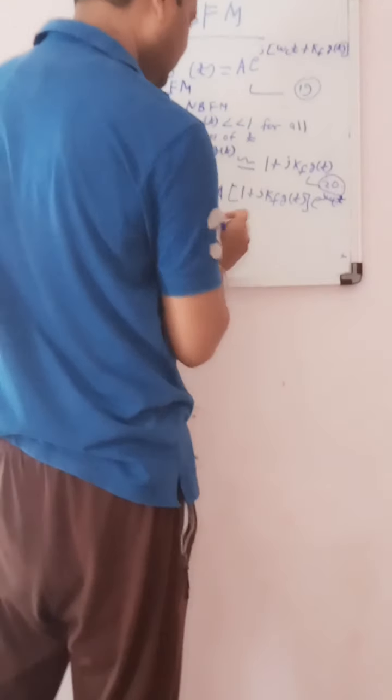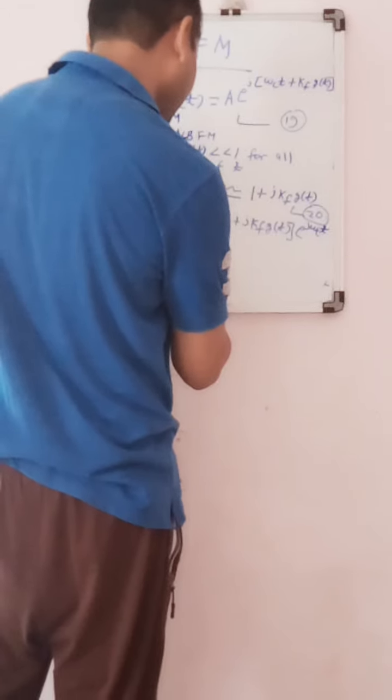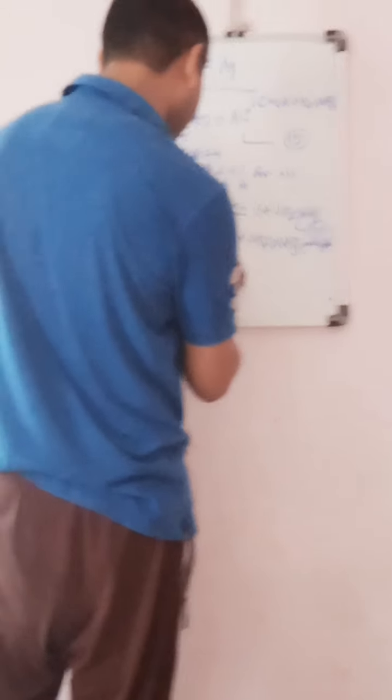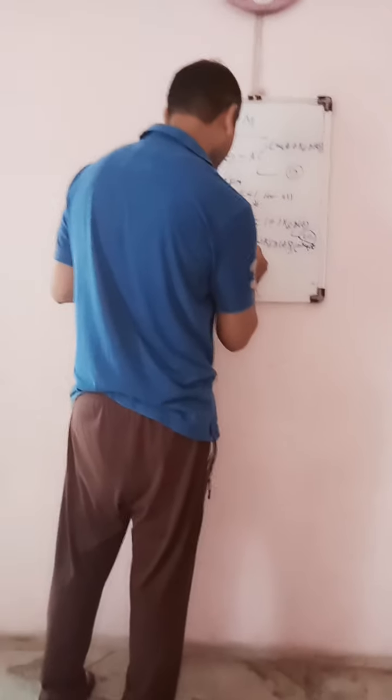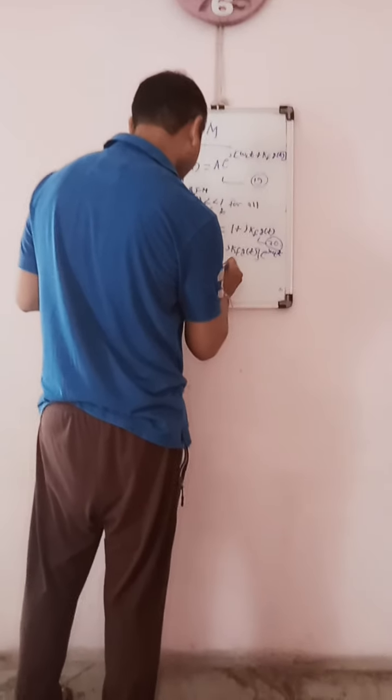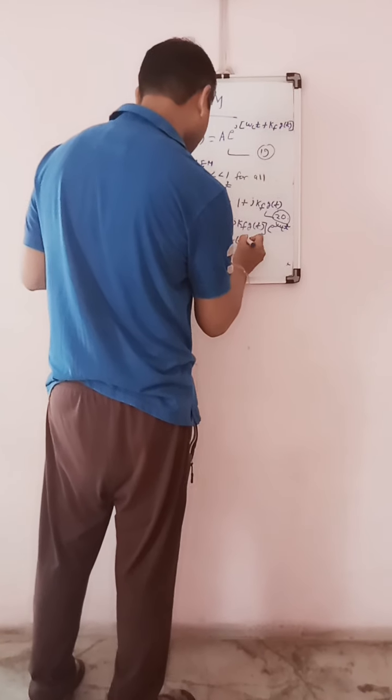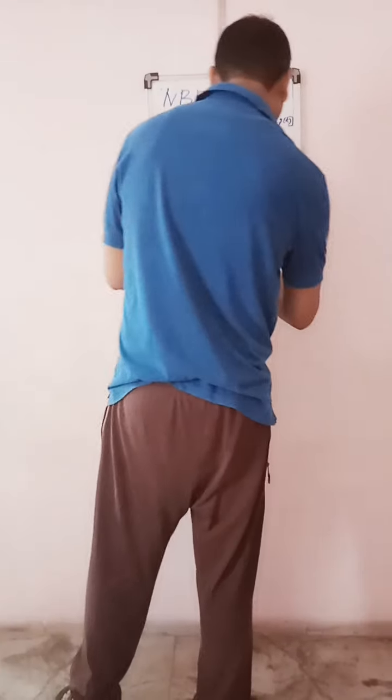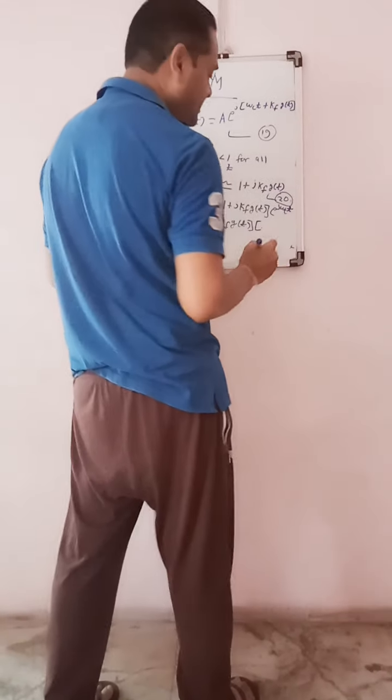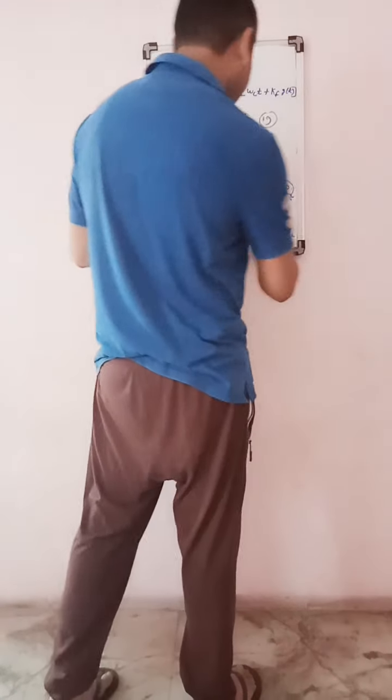First we write the part which is there, that is, 1 plus jkfg(t), multiplied by e to the power j omega ct, which means cos omega ct plus j sin omega ct.